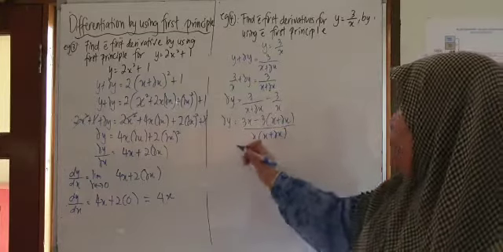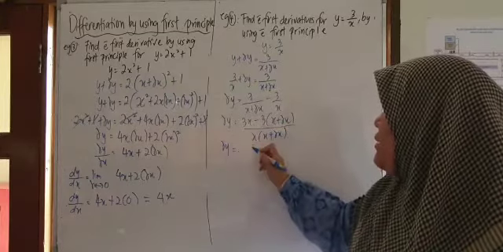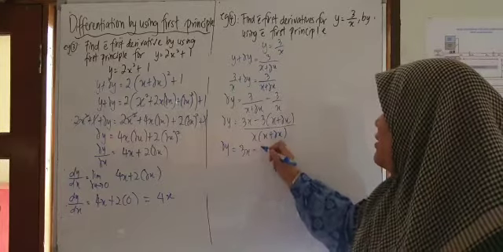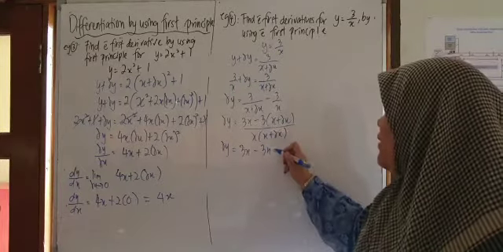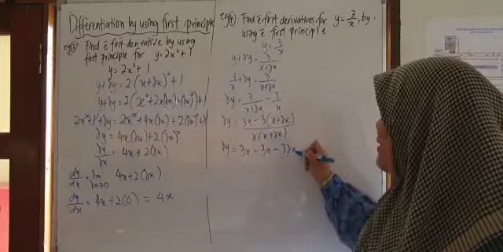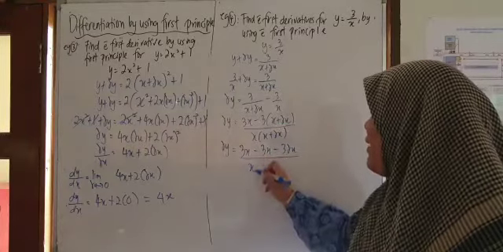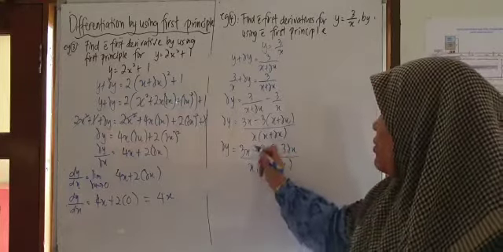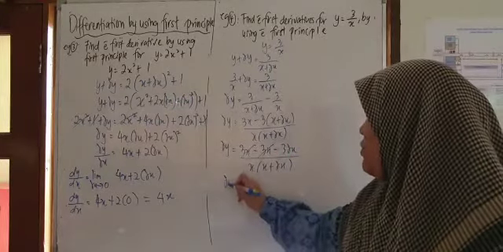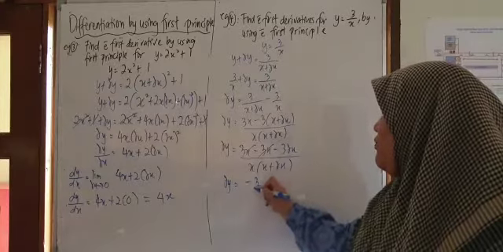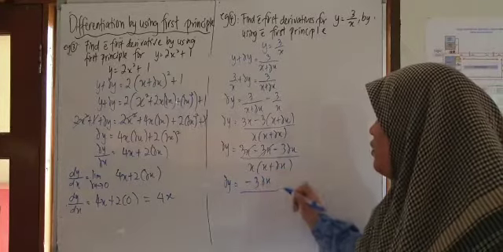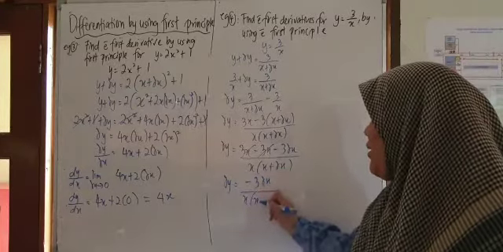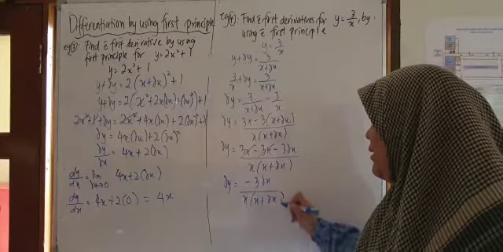So expand, delta y is equal to 3x minus 3x minus 3 delta x over x times x plus delta x. So delta y is equal to negative 3 delta x over x times x plus delta x.